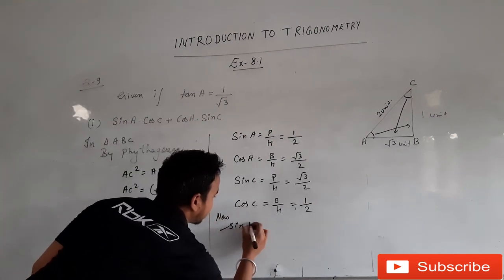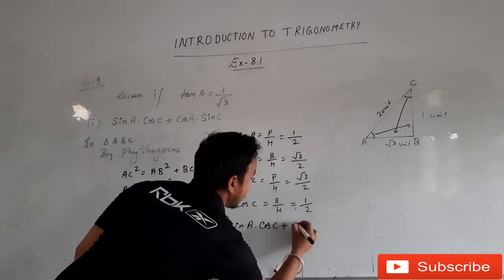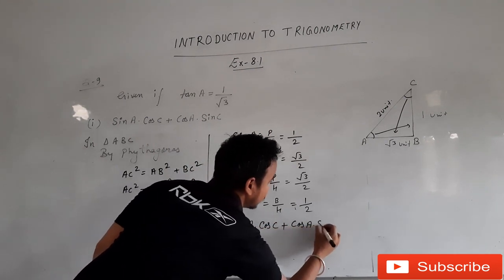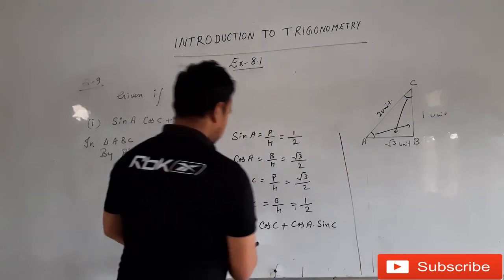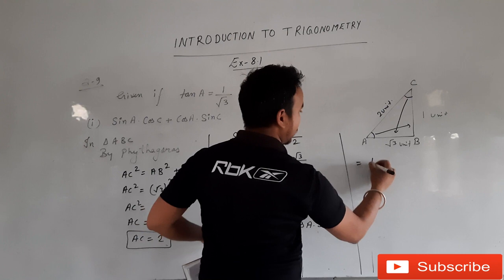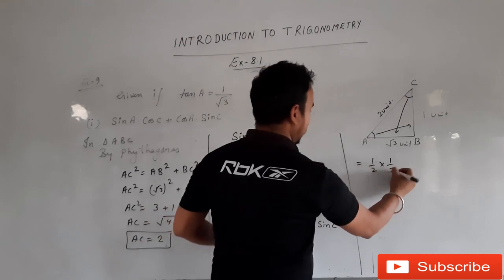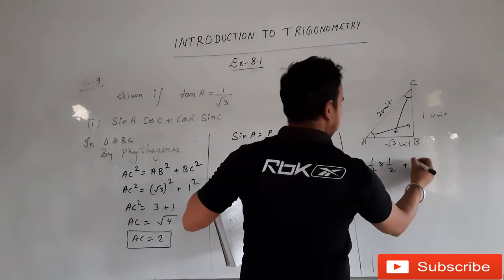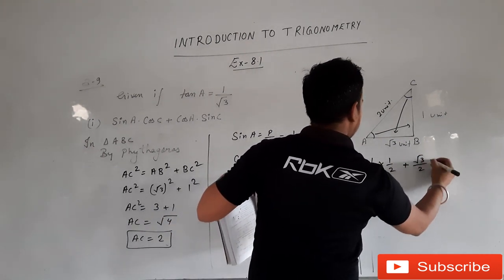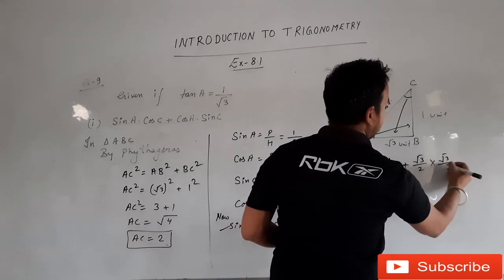Now sin A into cos C plus cos A into sin C. We can solve it. The value of sin A is 1 by 2 into cos C, cos C is also 1 by 2, plus cos A is under root 3 by 2 into sin C, under root 3 by 2.